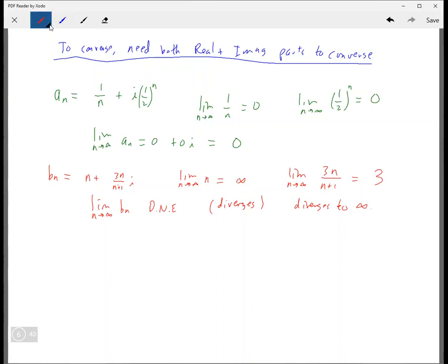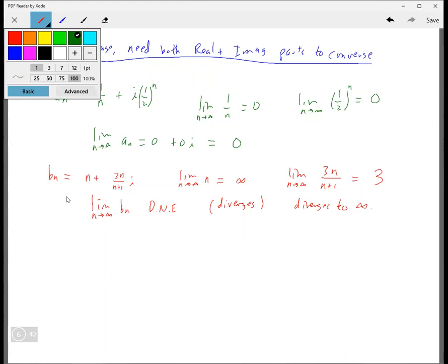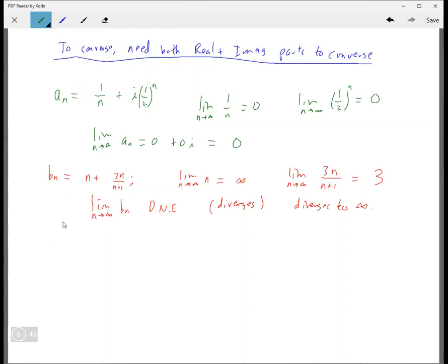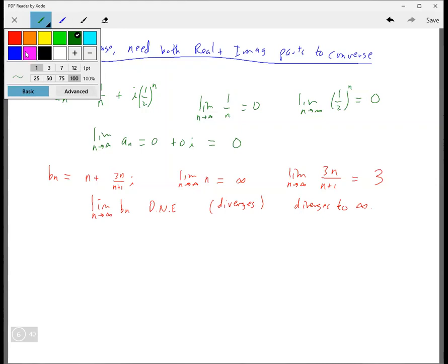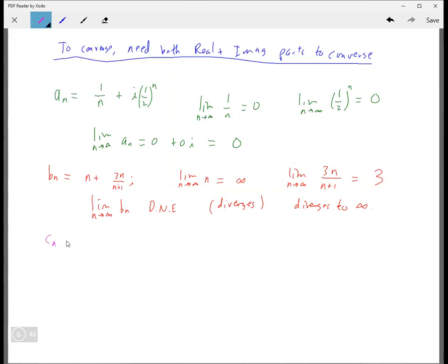Another example would be something like this. Okay, what do you think this one is going to do? It's -1 to the n plus 2i.